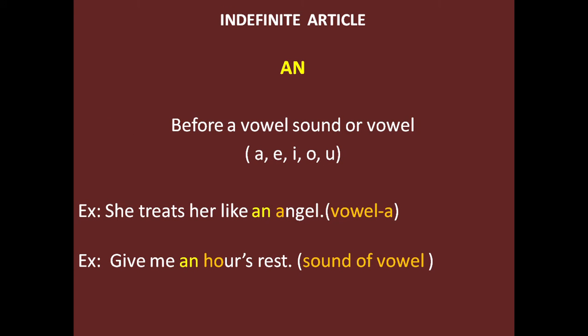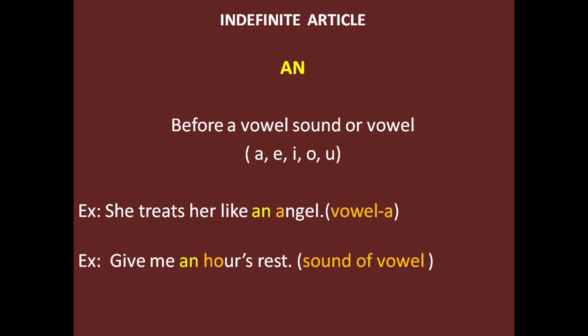An is always used before a vowel sound. Please note that it's not a vowel only, but a vowel sound. We have to carefully pick up the vowel sound. She treats her like an angel. It begins with a, vowel a.